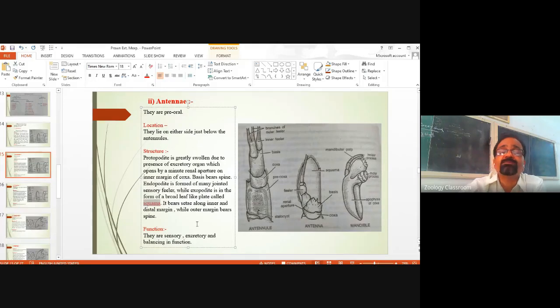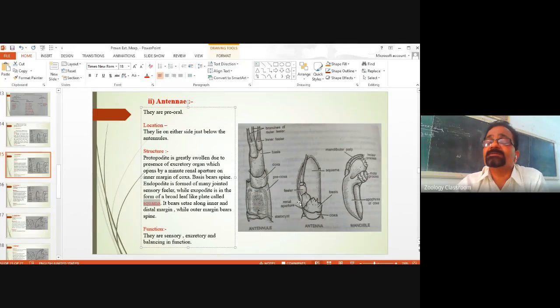This is a question of MCQ. See, this is the exopodite with the plate-like structure called the squama. It bears setae along the inner and distal margin.